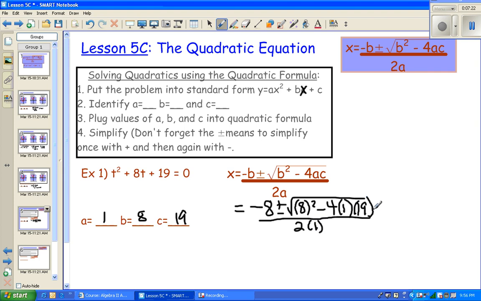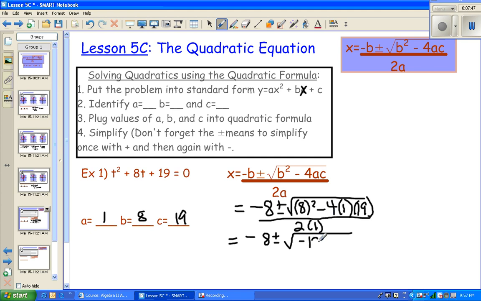Keep in mind your discriminant is this value right here that's under the radical. So we have -8, plus or minus. Our discriminant is 8 squared, which gives you 64, minus 4 times 1 times 19. So that's going to leave us with a -12.